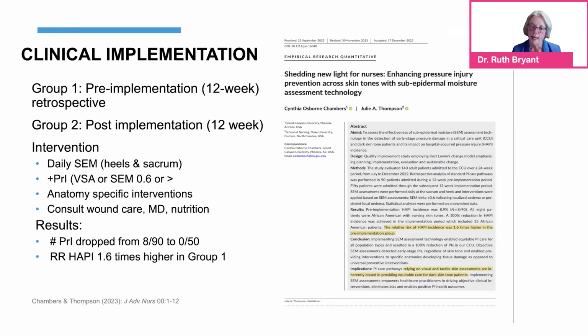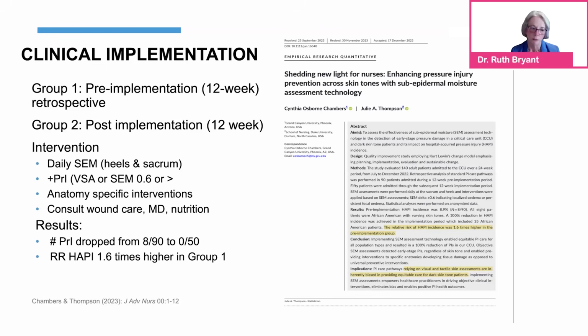So again, elevating the value of pressure injury prevention to make it more recognizable within the healthcare team, with physician groups, with nutrition, so everybody's responding, not just the nurses changing positions or doing interventions for the site. And they had their results where the pressure injuries dropped from 8 per 90 to 0 per 50.